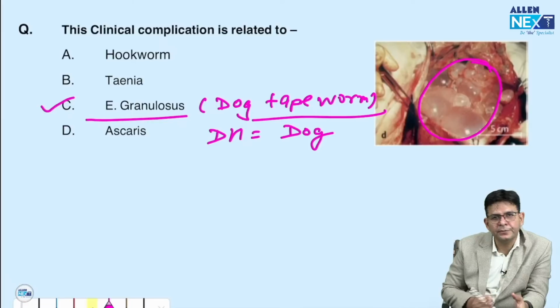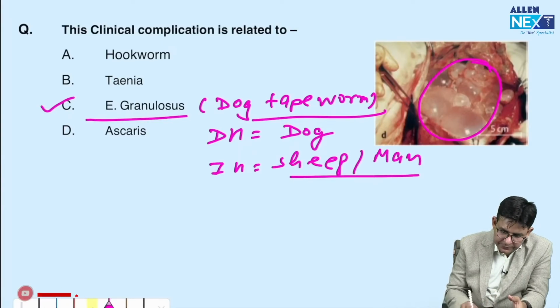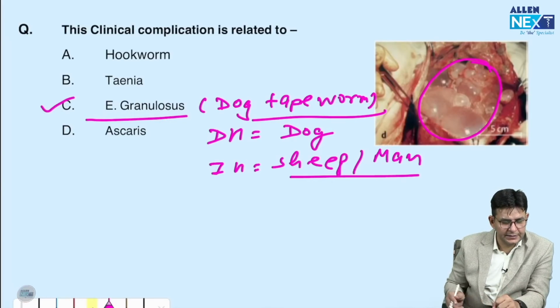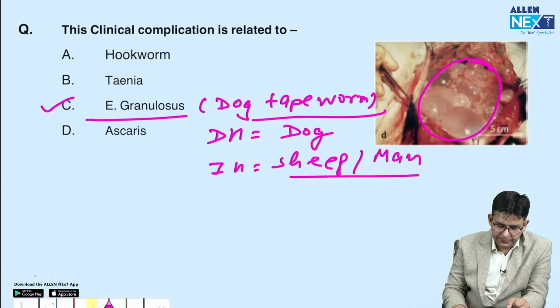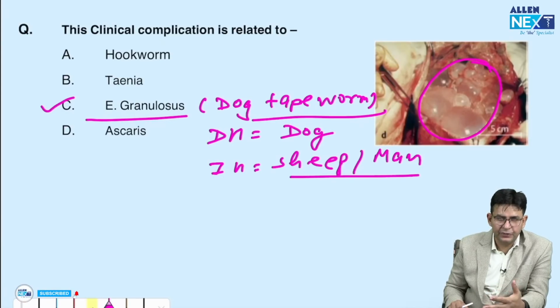Definitive host is dog. Intermediate host is sheep. Accidental host is man. And how does the infection happen? By the eggs. So the answer to this question is Echinococcus granulosus, and which D for D, that is dog tapeworm, definitive host is dog.